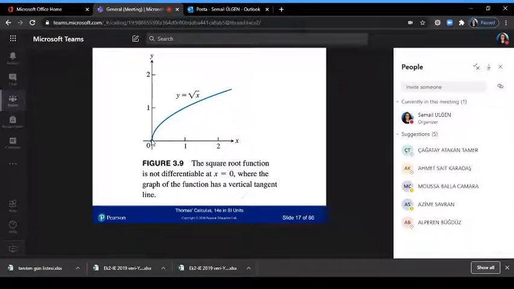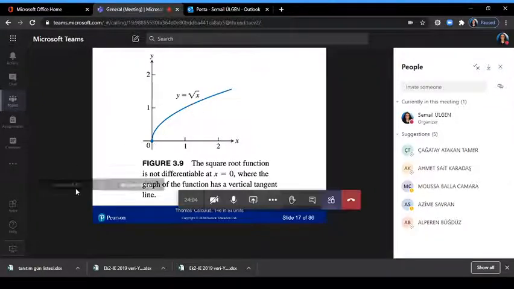The limit as h goes to 0 of 1 over square root of h does not exist, because the denominator goes to 0. So there's no way that at 0 we have the derivative of this function. This function is differentiable everywhere except at 0.